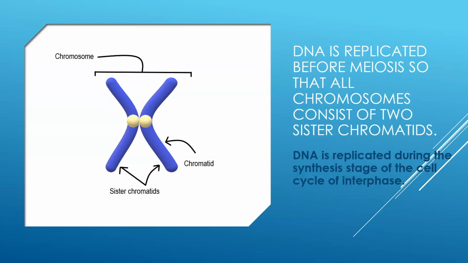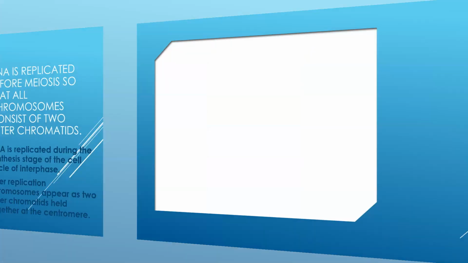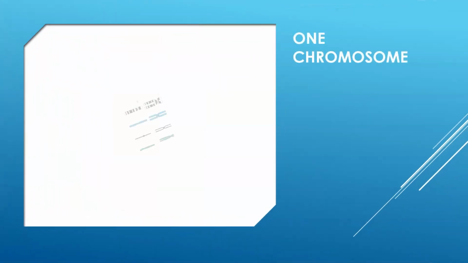DNA is replicated during the synthesis stage of the cell cycle during interphase. So we're going way back here to unit 1.6 and 1.8, where we looked at the mitosis cell cycle. After replication, the chromosomes appear as 2 sister chromatids held together by a centromere. Perfect, that's that image there.